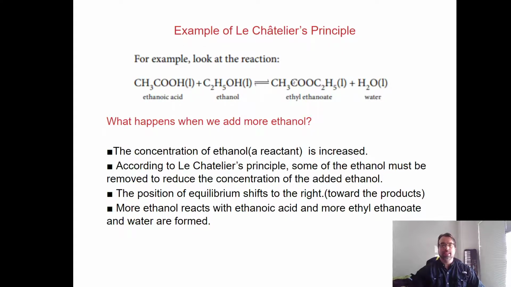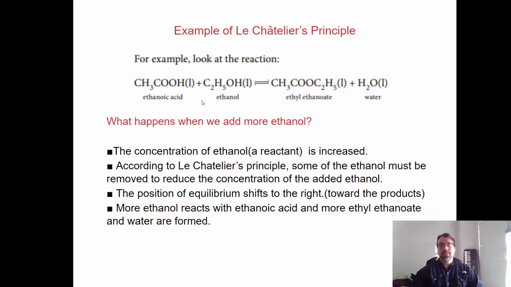So here we have an example, okay? And this is essentially acetic acid or ethanoic acid plus ethanol, okay? And this ends up making ethyl ethanoate, okay, and water, okay? And the concentration of ethanol is increased, okay?